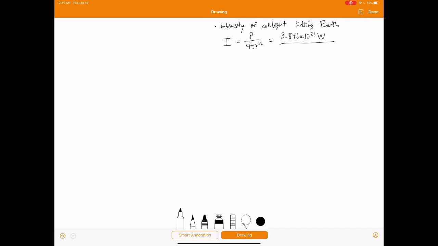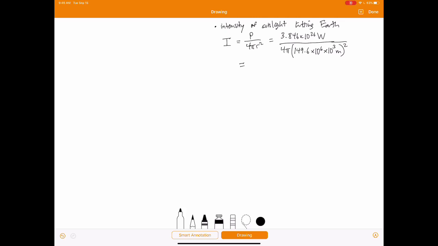So it's a very powerful source. On the bottom we have 4 pi, and then we put the distance between the Earth and the sun as r. So we have 149.6 million kilometers. So a million is 10 to the 6, and a kilometer is 10 to the 3 meters. So this is how we take the distance and express it in meters, 10 to the 6 times 10 to the 3, and then we better square that as well.